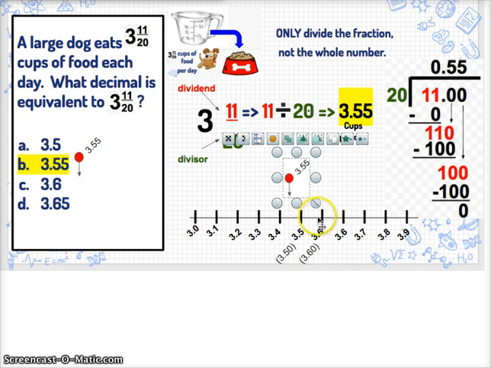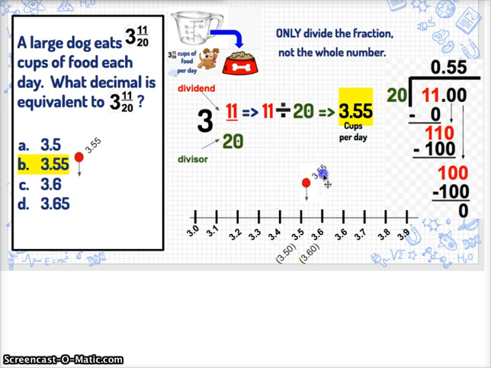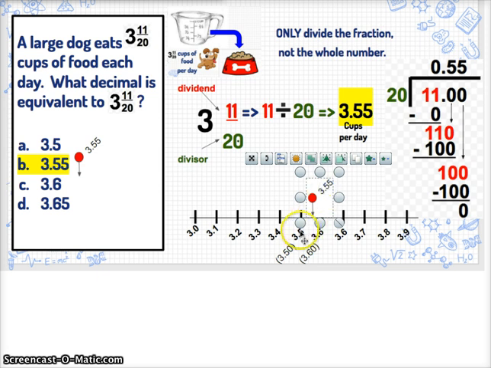So I know it's going to be between 3 and 5 tenths and 3 and 6 tenths. Remember, that's the same as saying 3 and 50 hundredths, and also 3 and 6 tenths is the same as 3 and 60 hundredths. So 3 and 55 hundredths will go right about here, just a little bit more than halfway between 3.5 or 3 and 5 tenths and 3 and 6 tenths.